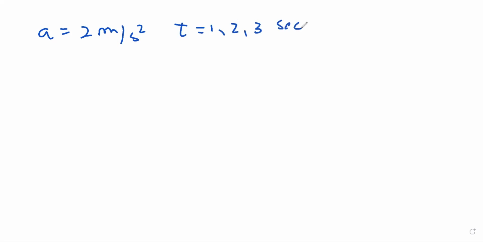Okay, no problem there. So the final velocity is equal to the initial velocity plus at. But we said that the initial velocity is going to be 0 because your particle starts to move from rest. So this goes to 0.